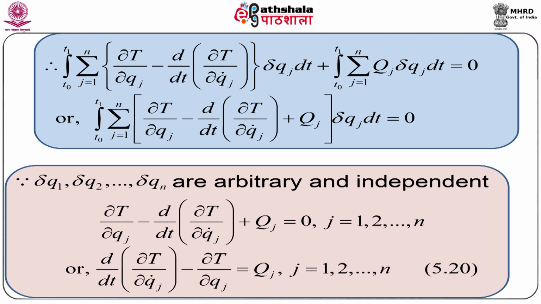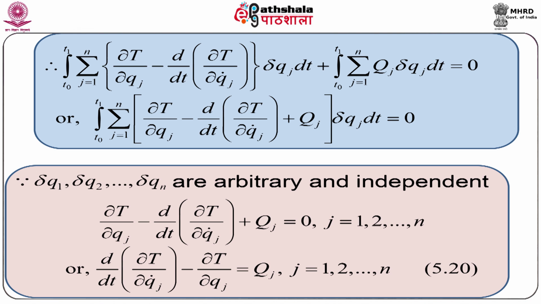So, we have del capital T del qj minus ddt of del capital T del qj dot plus capital Qj equal to 0 for j equal to 1, 2 up to n, or ddt of del capital T del qj dot minus del capital T del qj equal to capital Qj for j equal to 1, 2 up to n.